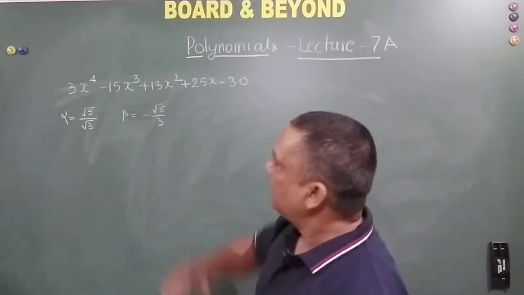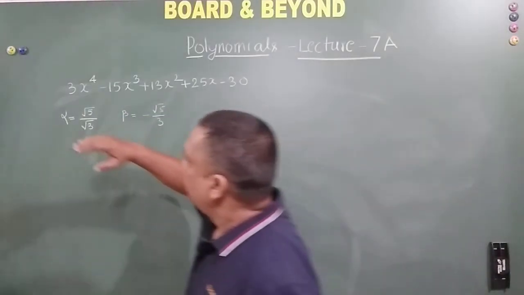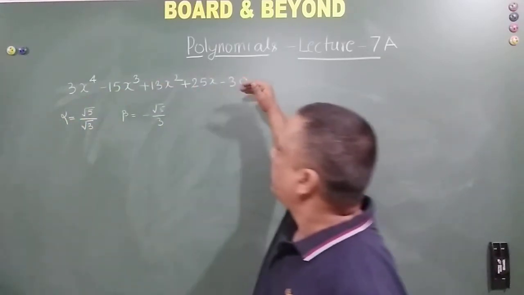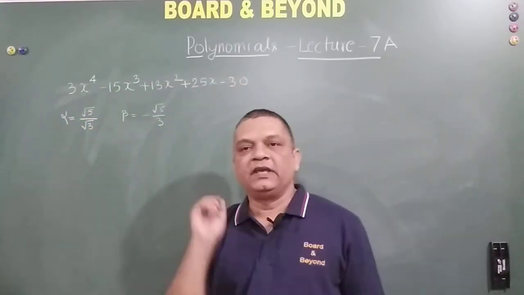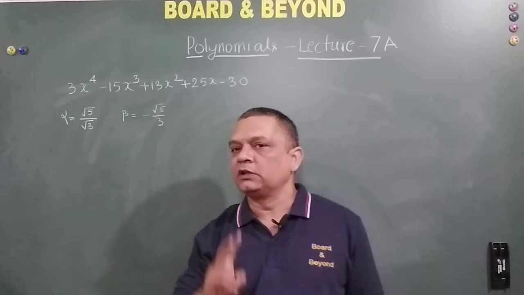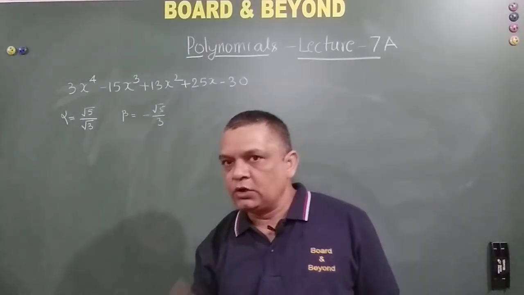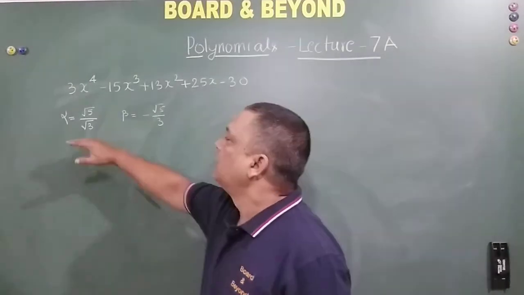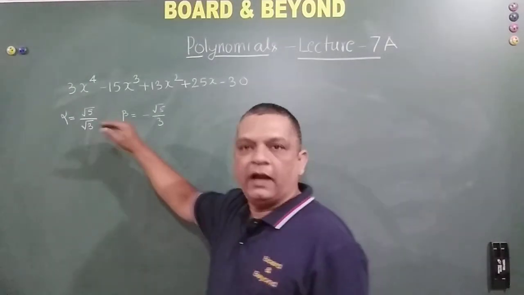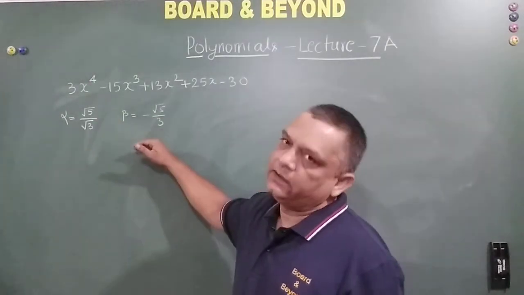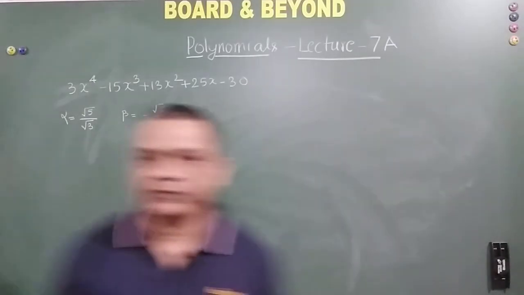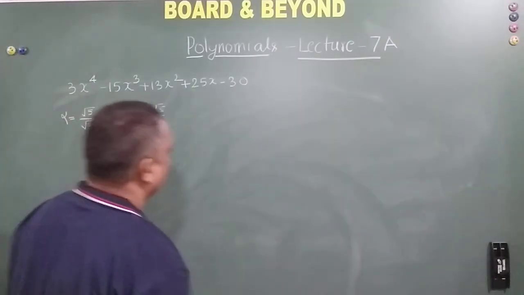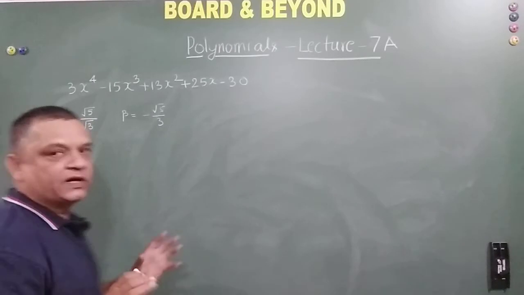The question is, for this biquadratic polynomial, we are expected to find out all the roots when two of its zeros are given as root 5 by root 3 and minus root 5 by root 3. Little lengthier sum, but it will give you a concept you can carry home.